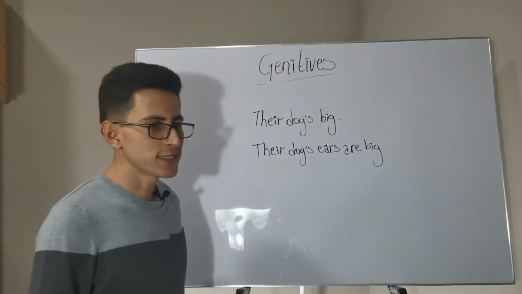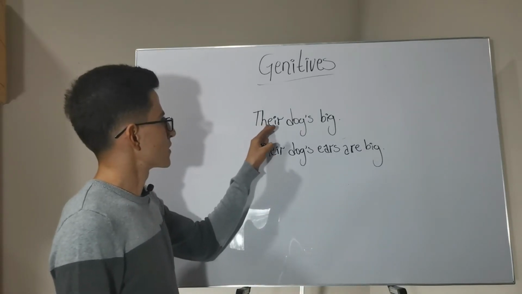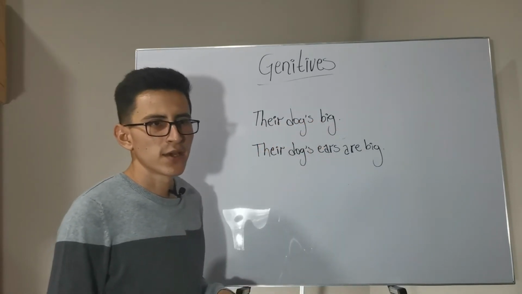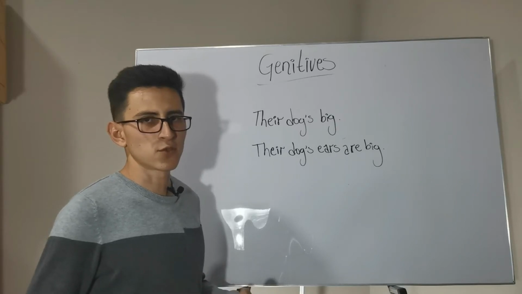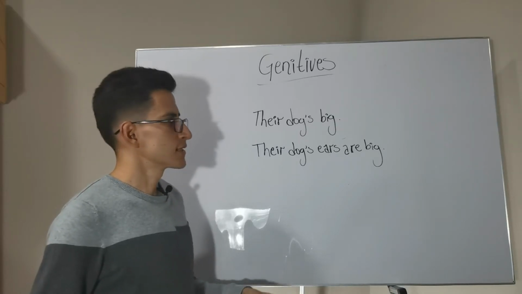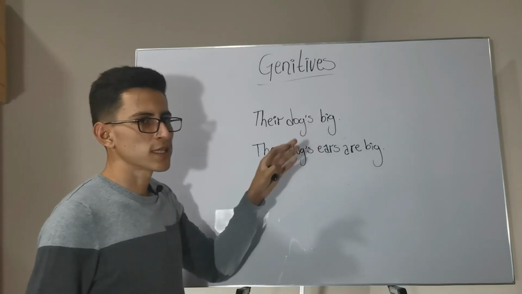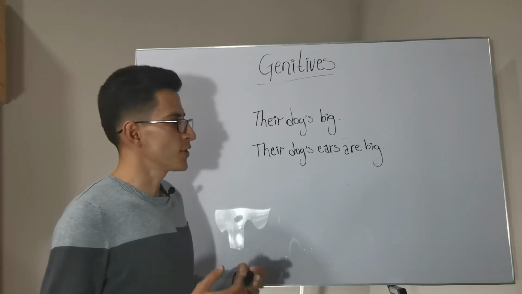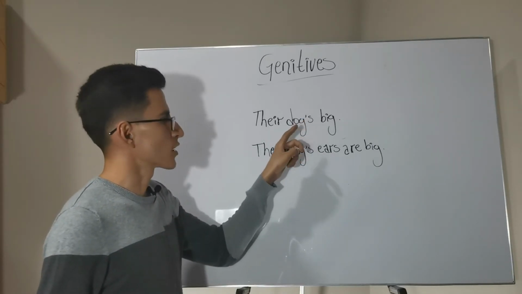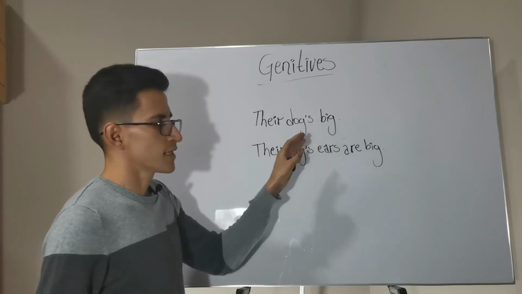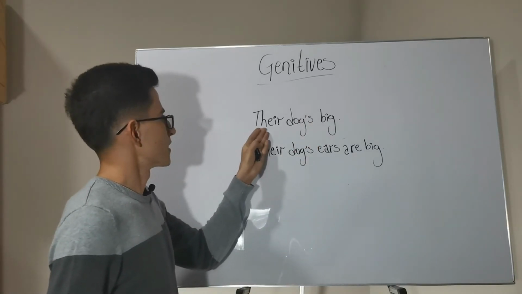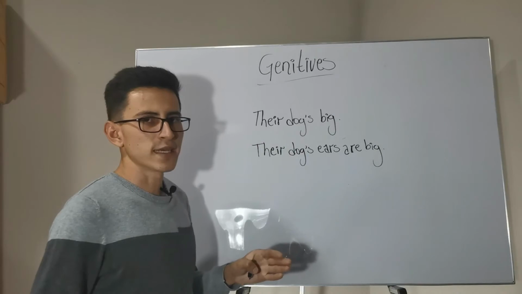Let's see this case. Their dog's big. We usually say this when we are talking, and in this case we are using the contraction of the verb be with the noun dog. If we change this, it would say, their dog is big.